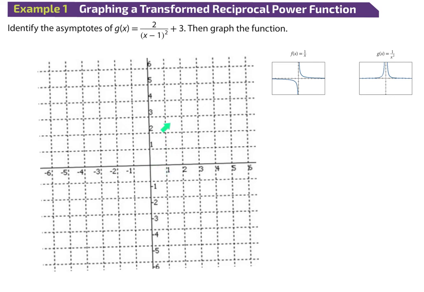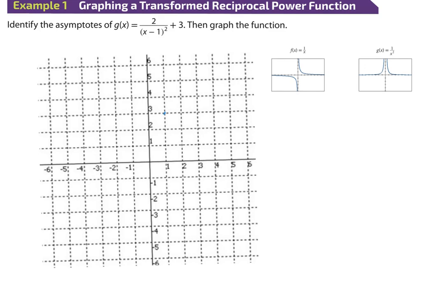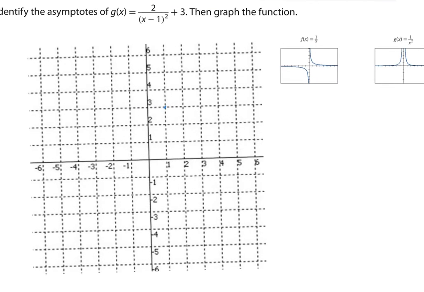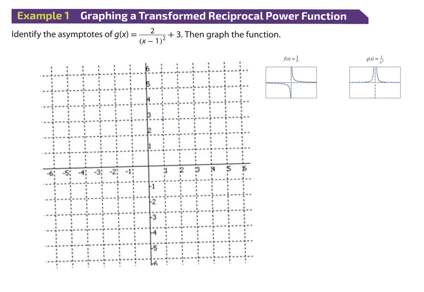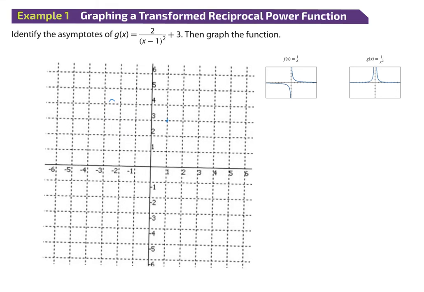So my new point that is going to create a crosshairs, so to speak, is going to be right here at (1, 3). And if I were to draw a dashed line, I would draw it as though I shifted my axis up 3 and shifted it over 1. If it'll let me grab this and just straighten it some, that would be great.